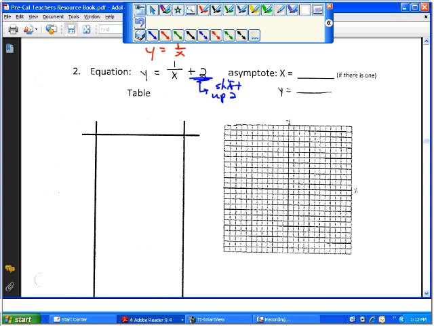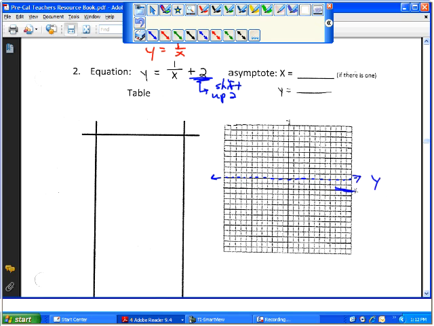Now, your asymptotes for a rational graph would have been the x-axis and y-axis. But instead of being the x-axis now, it's going to be at y is 2. A y equals only is a horizontal line. So the whole thing shifts from the x-axis up 2.